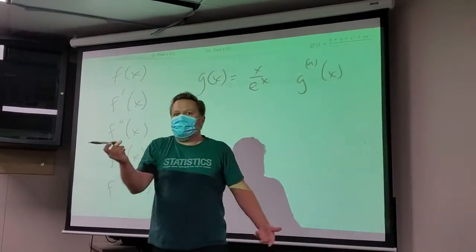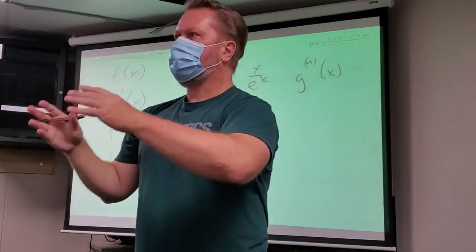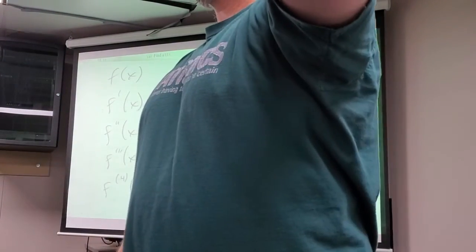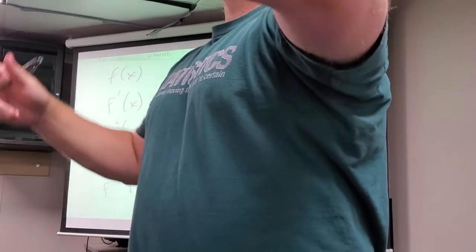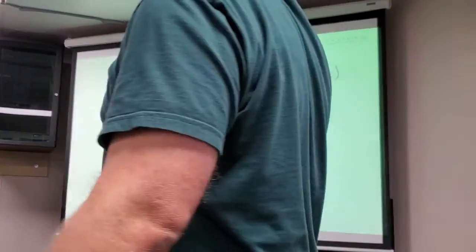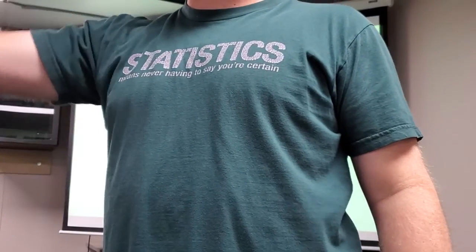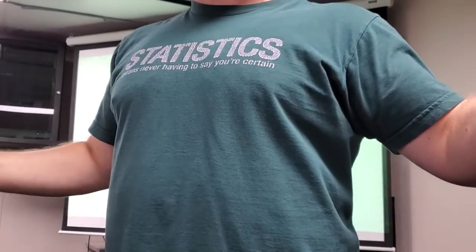What you're looking for is a formula based on the nth derivative, a formula that works for any first, second, third. If n is 1, it gives you the first derivative. If n is 2, the second derivative. So how are you supposed to do that?